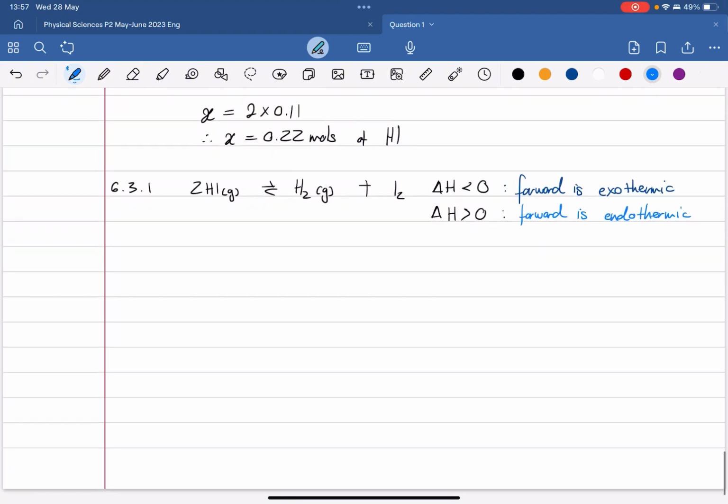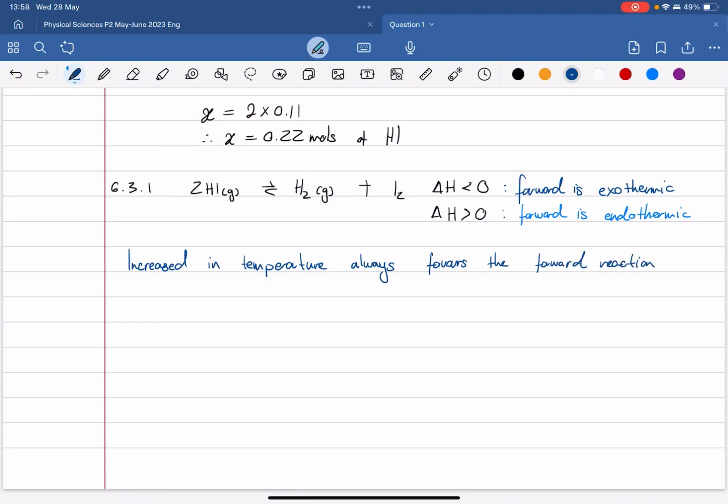That's normally how we tell whether a reaction is endothermic or exothermic, but we're not told about the change in enthalpy in this equation. What are we told about? All we're told is that temperature is increased. So we know that an increase in temperature, from Le Chatelier's principle, always favors the forward reaction.